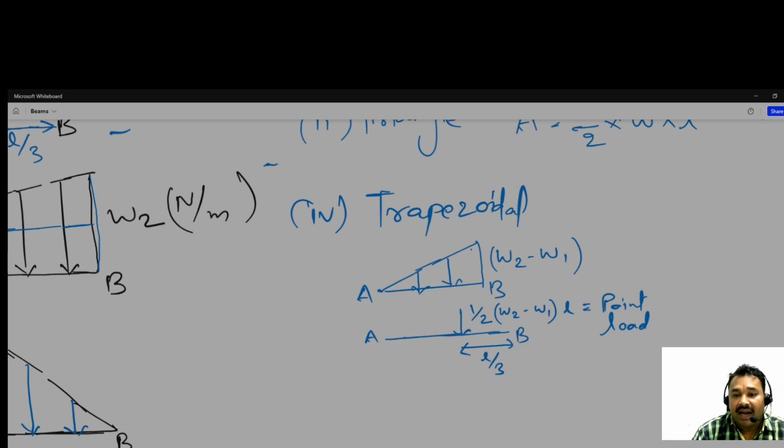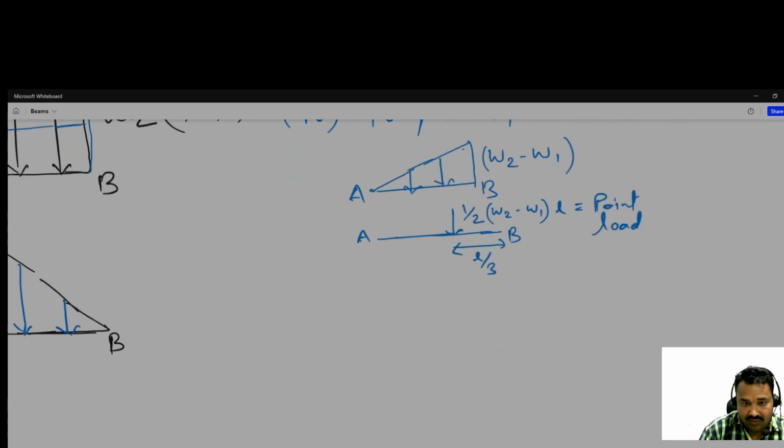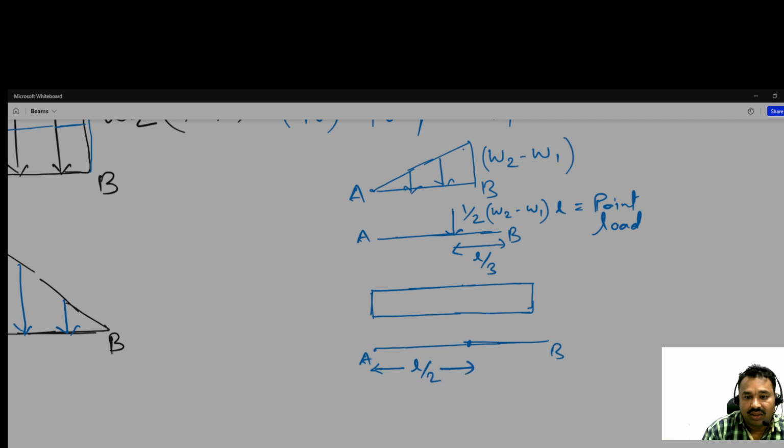Okay, and there is one rectangular shaped load. So it can be converted into a point load, and it will act at, this is A, B, from A or B, L by 2. And what will this load be?